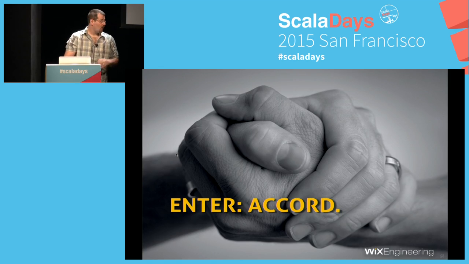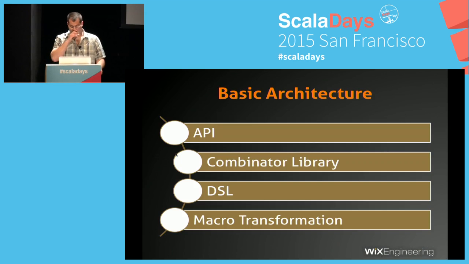So this is all embodied in an open source data validation library called Accord. It's on GitHub. You're very much welcome to have a look at it and try it out. Accord comprises four layers or four parts. There's the API, which you've just seen. There's a set of combinators because we're so hip and cool, we couldn't just call them matchers or anything.